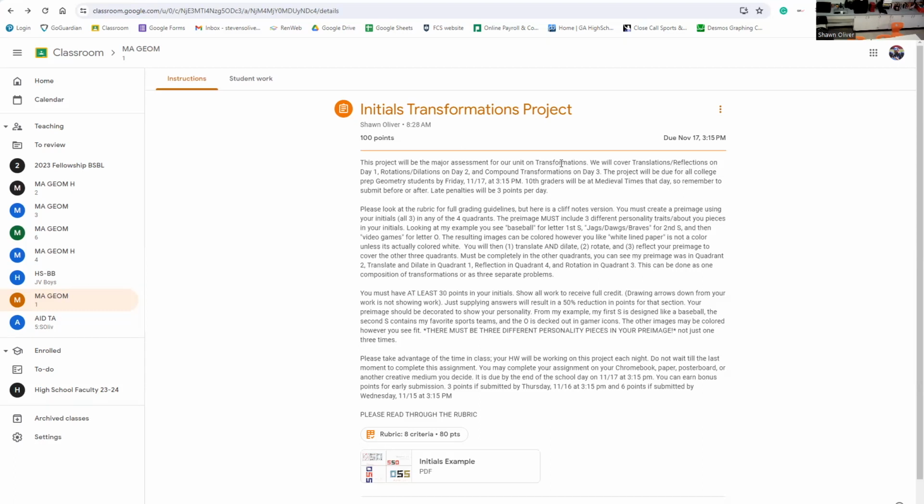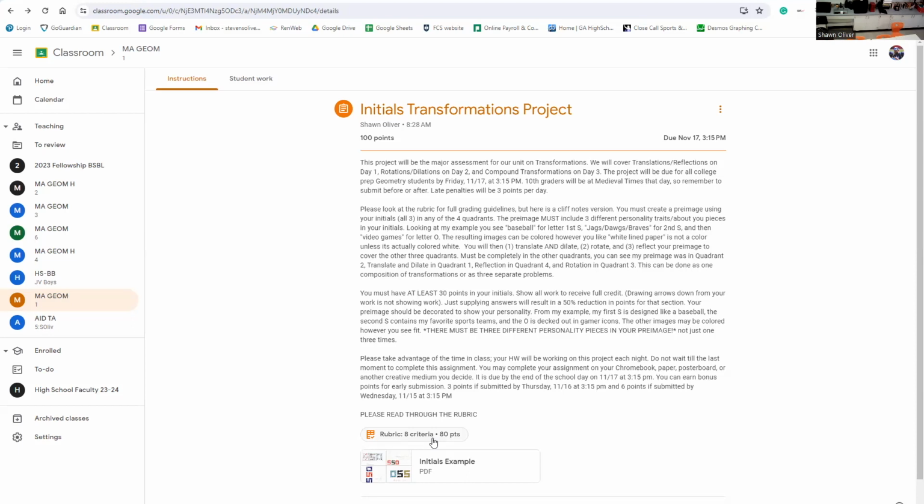So for those individuals, it is imperative that you get this turned in either in that first period on Friday or even the night before, so you're not trying to rush. Each day that it's late will be a 3-point penalty. And remember, we have Thanksgiving after next week, so it can snowball on you awfully quickly if you don't get it done.